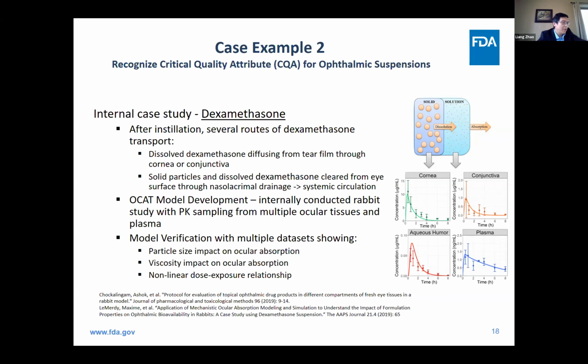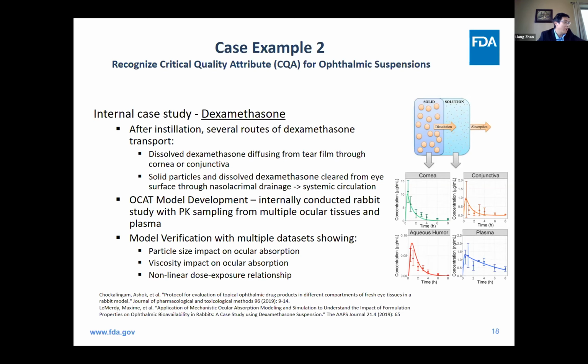In order to understand the ocular and systemic bioavailability of ophthalmic dex suspensions, FDA has recently conducted an internal rabbit study with PK sampling from multiple ocular tissues and plasma. An ocular PBPK model was developed to study the drug absorption and distribution after topical instillation of dex suspensions.